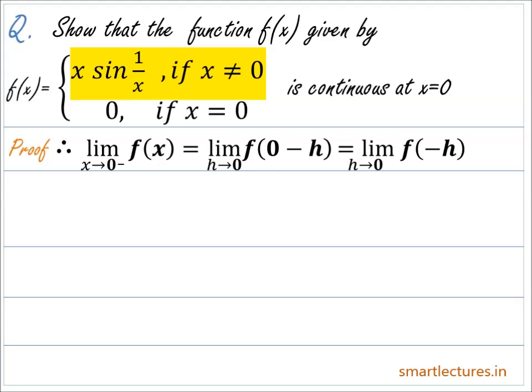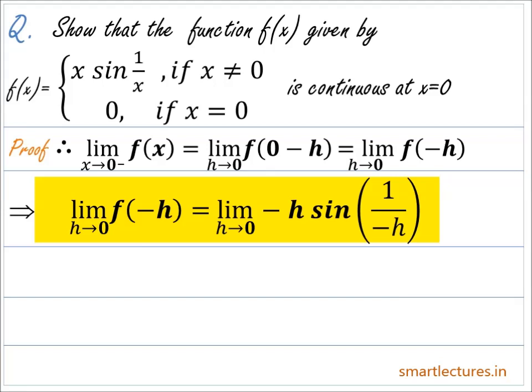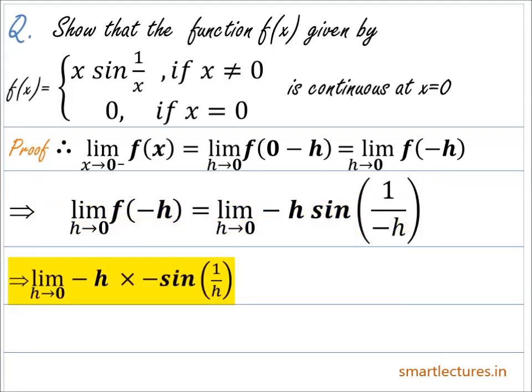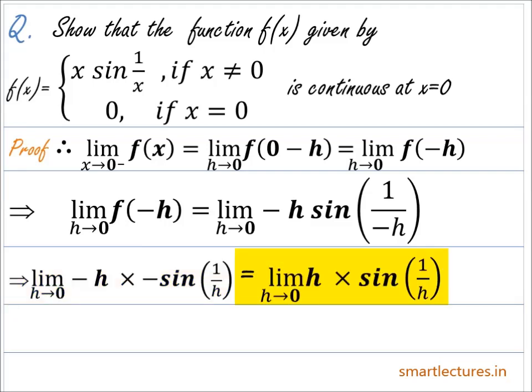So in this case, this limit becomes limit h approaches 0 minus h into sine of 1 upon minus h, and sine of minus theta is equal to minus sine of theta. So this is equal to limit h approaches 0 minus h into minus sine of 1 upon h, which is equal to limit h approaches 0 h into sine of 1 upon h.